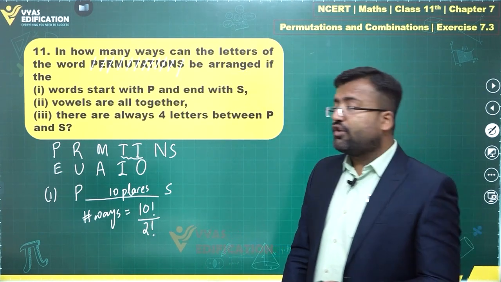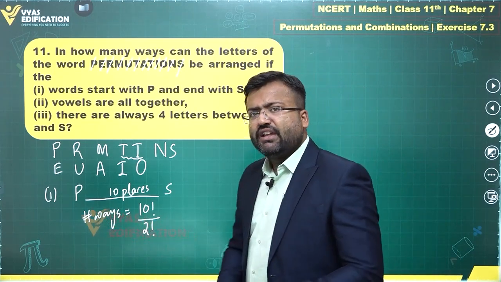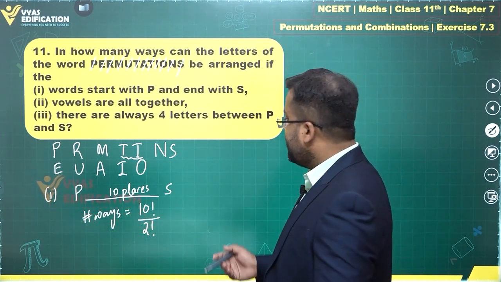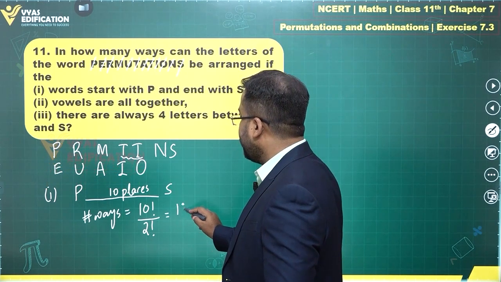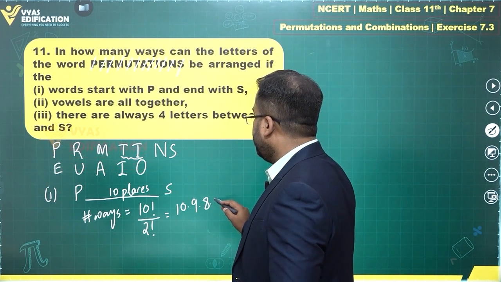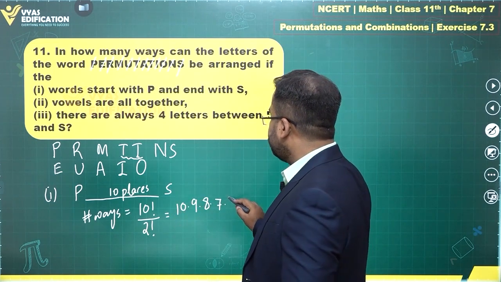Yes, this is 10 factorial upon 2 factorial. Can we calculate this value? 10 factorial is 10, 9, 8, 7 and 6 factorial, which is 720.